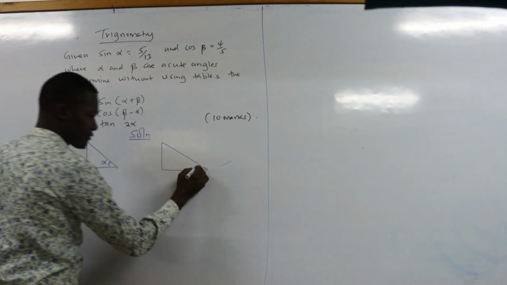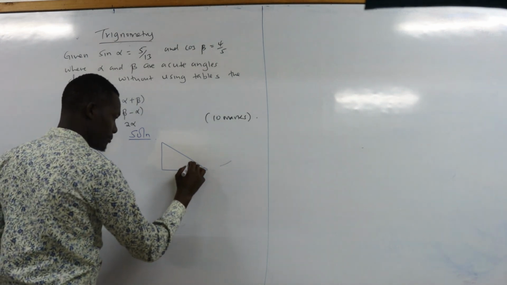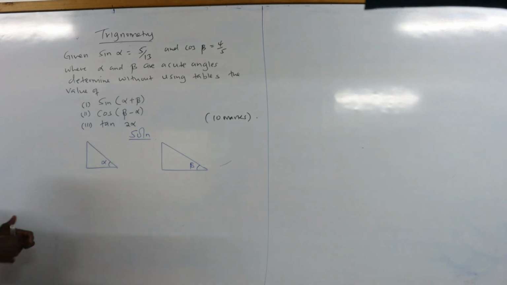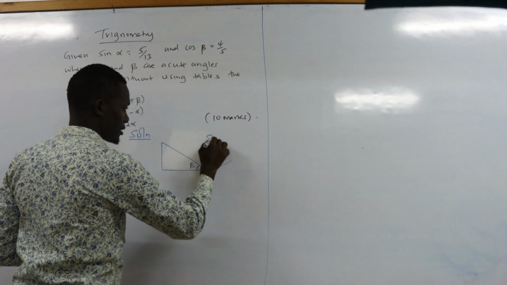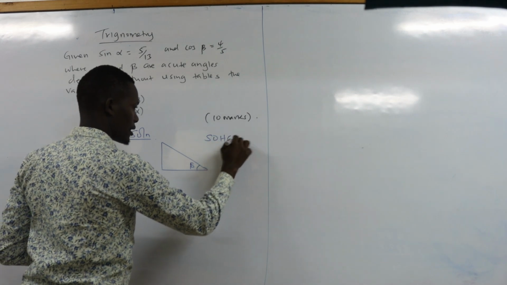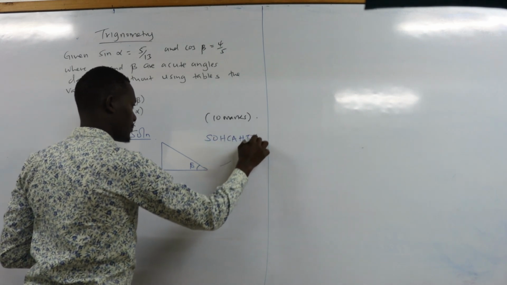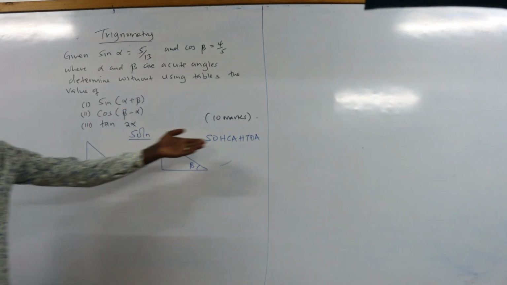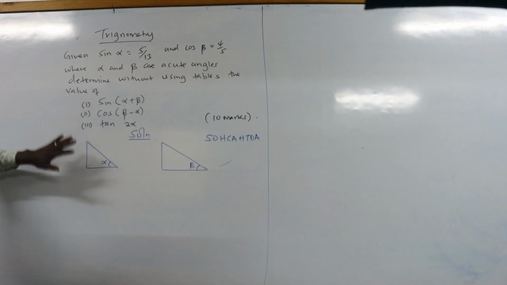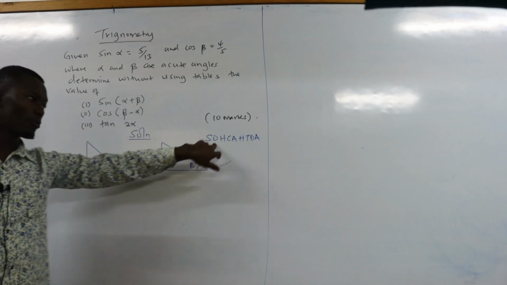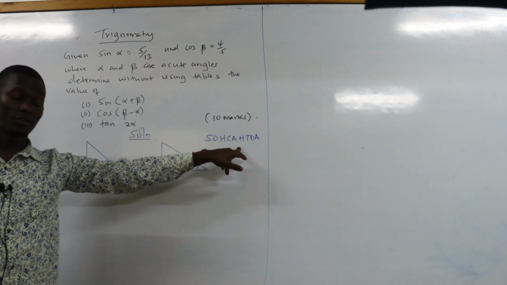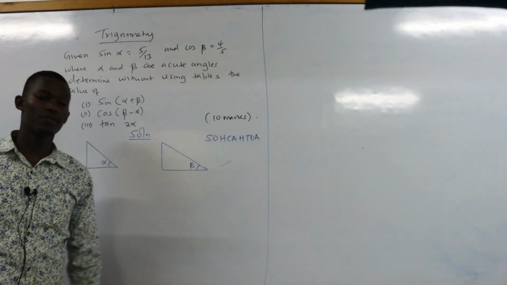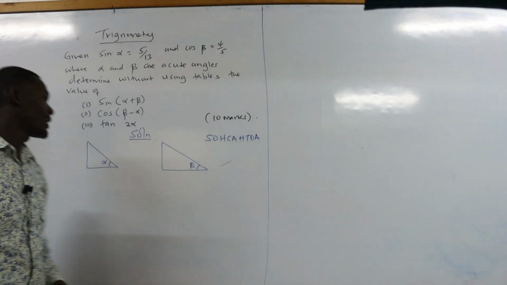So you can have alpha, we shall have beta here. I know you can remember SOHCAHTOA. SOHCAHTOA says sine is given by opposite over hypotenuse, cos is given by adjacent over hypotenuse, and tangent is given by opposite over adjacent.